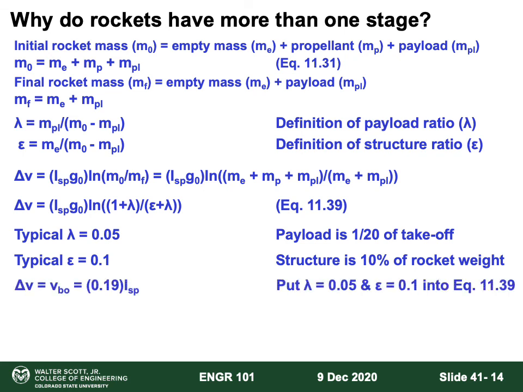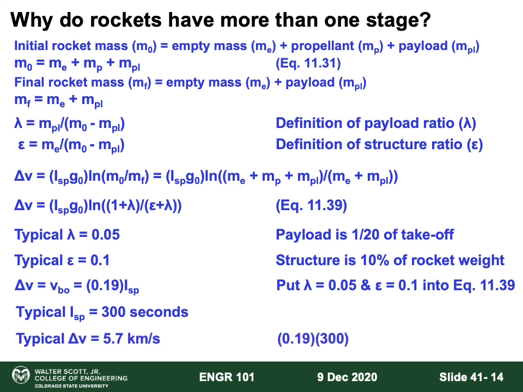we will get the equation that you see here. We take the natural log of that, and you end up with 0.19. So the amount of velocity that we can increase in a particular stage of a rocket is 0.19 times the specific impulse. As you saw in some previous slides, the specific impulse is typically around 300 seconds.